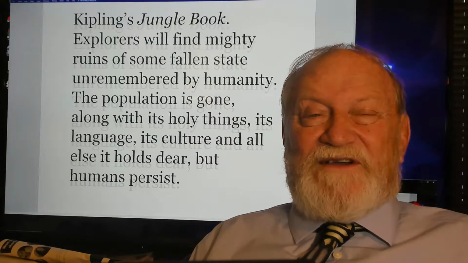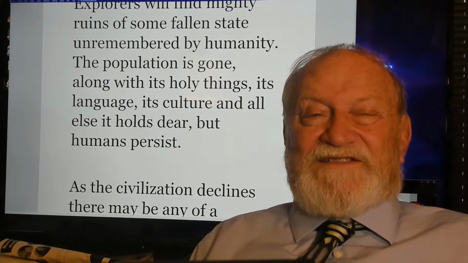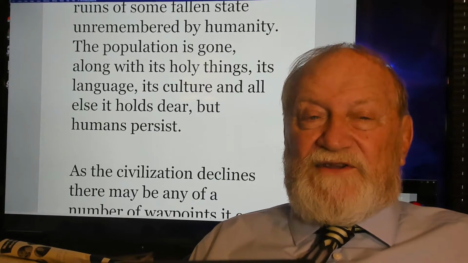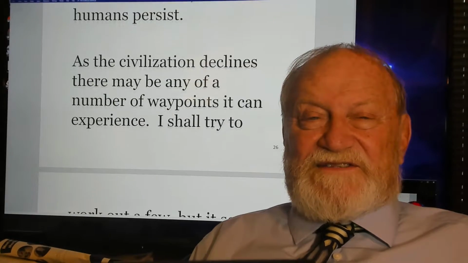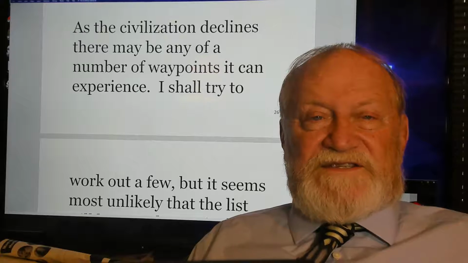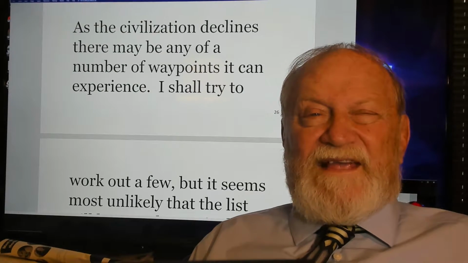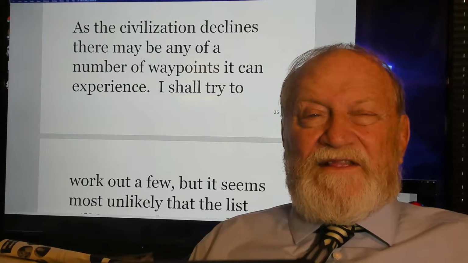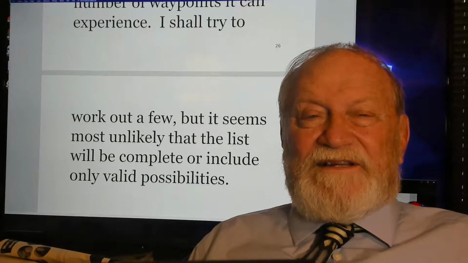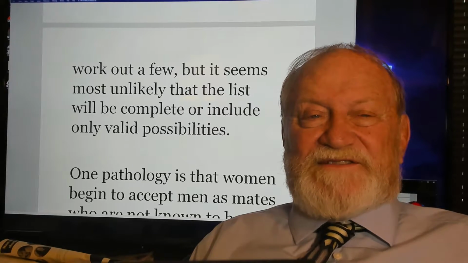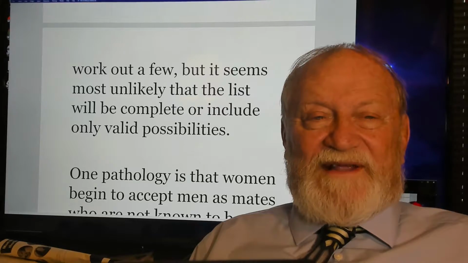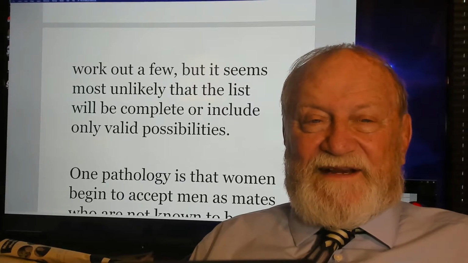The population is gone along with its holy things, its language, its culture, and all else it holds dear. But humans, by and large, will persist. Hence, there's the direction selection pushes us. As the civilization declines, there may be a number of waypoints it can experience. I'll try to work out a few, but it seems most unlikely that the list I'll give you will be complete or include only valid possibilities.